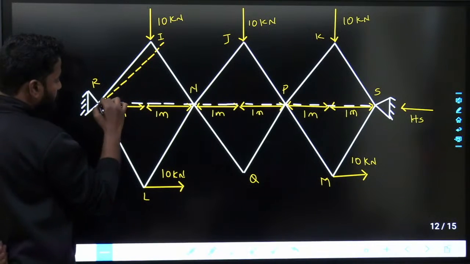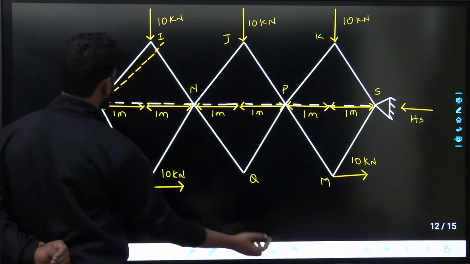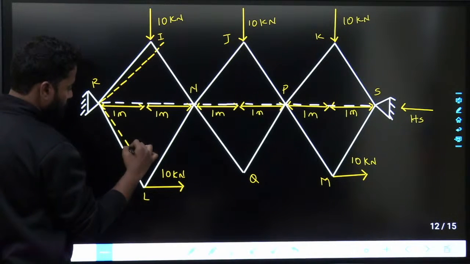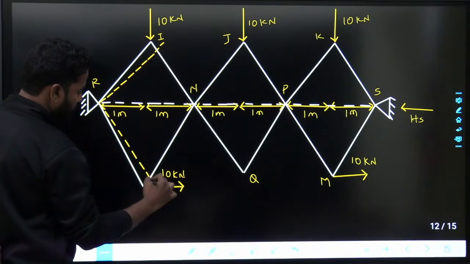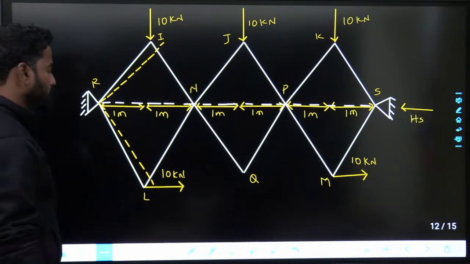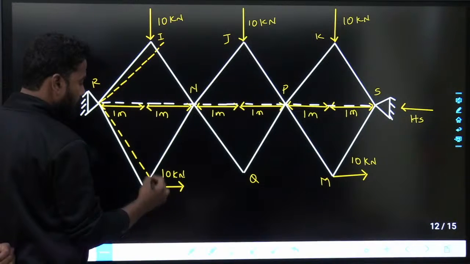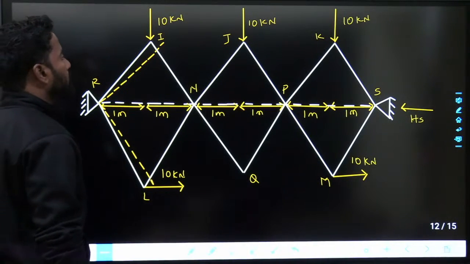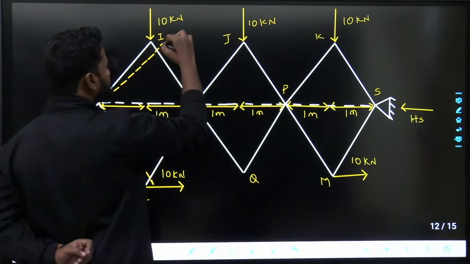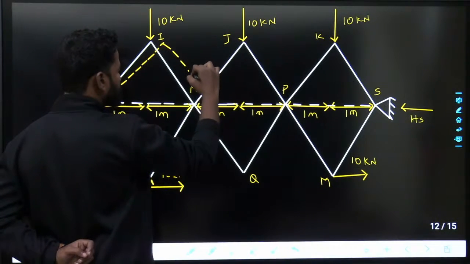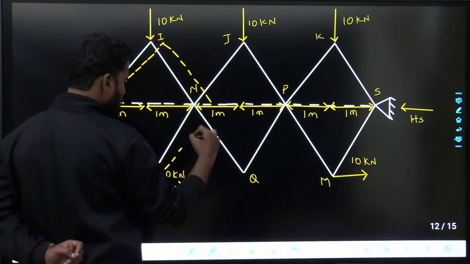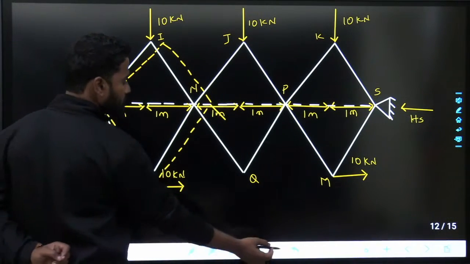Fine. Here also I am providing an angular displacement like this. Then what happens is, this will continue like this also, like this will go like this. Joint N will move something like this.